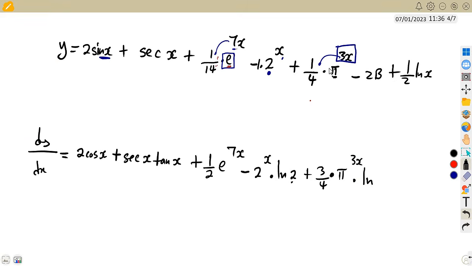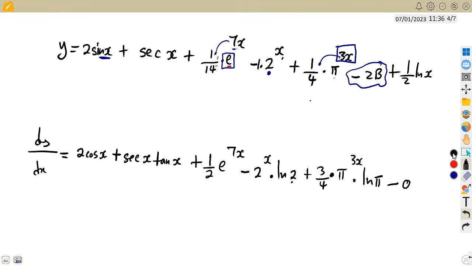So this one is going to be ln pi. So we are going to have this as ln pi like this. Okay. So that is the derivative that you're going to have from this part. Then we move on to negative 2b, where there's no x here. So it means this is a constant. And I said the derivative of a constant is 0. So this one is going to give us a 0.